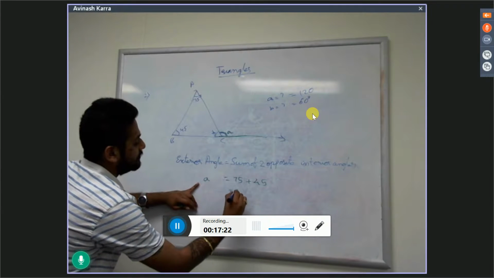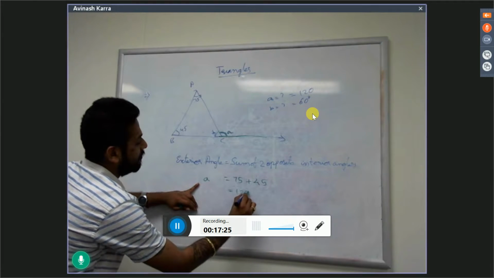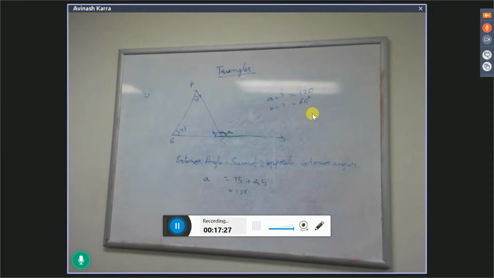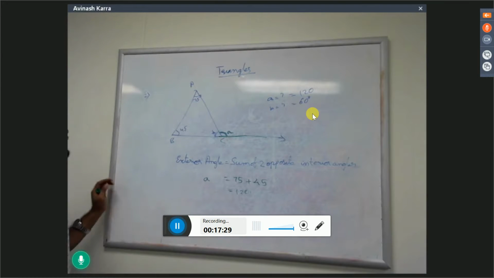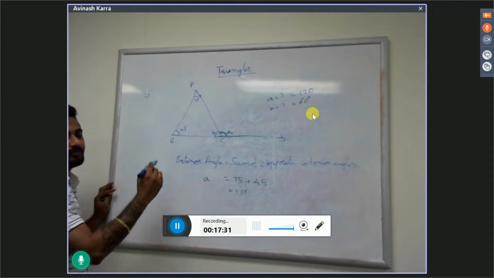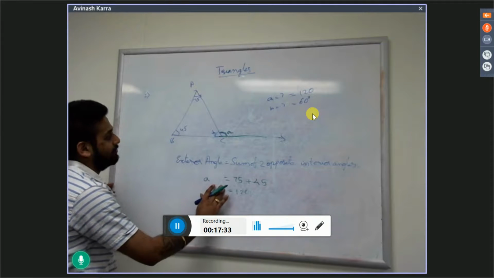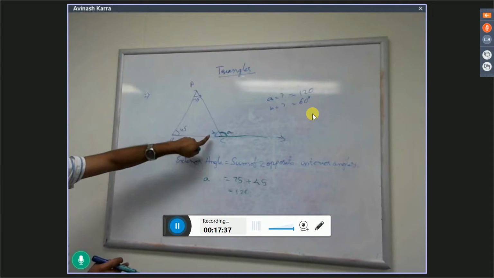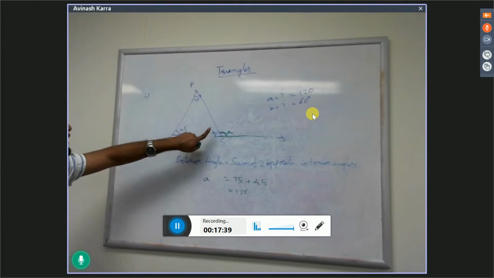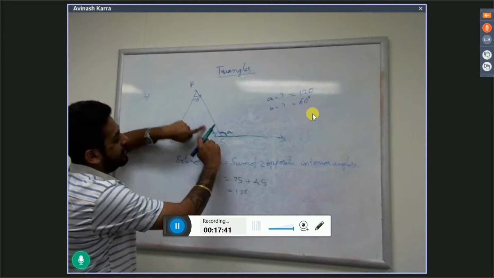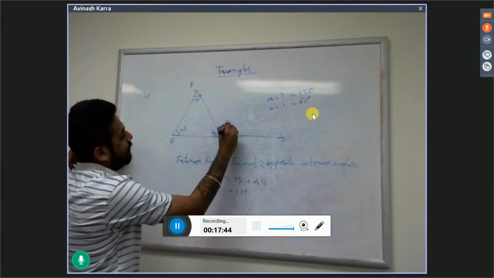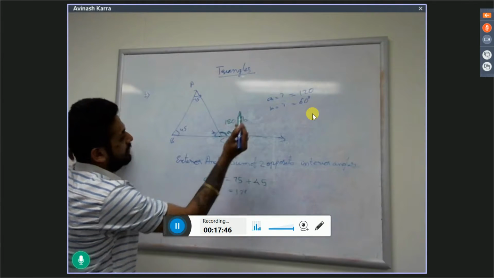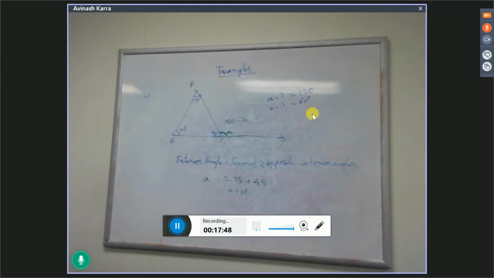So from here, this is one method. And if you don't remember this formula, the sum of all the interior angles will be equal to 180. From there, you can find the value of B. Once you get the value of B, it is a straight line, so 180 minus B. Either way you can do it.